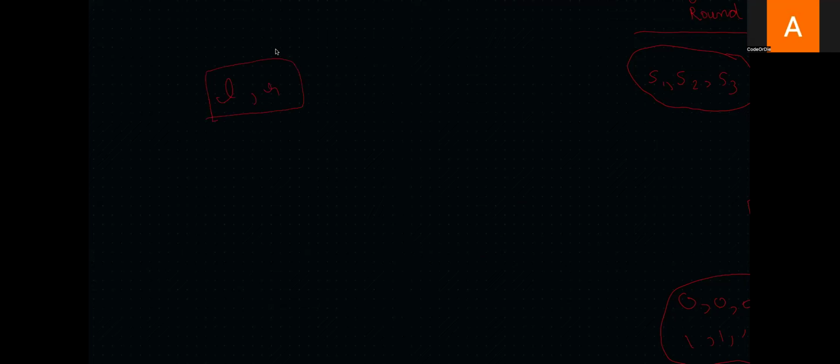So your S1 is from A1 up till AL, and you will sum all these, and then modulo 3 will be your S1. Okay, let's say S2 is AL plus 1 up till AR, and then you do modulo 3.